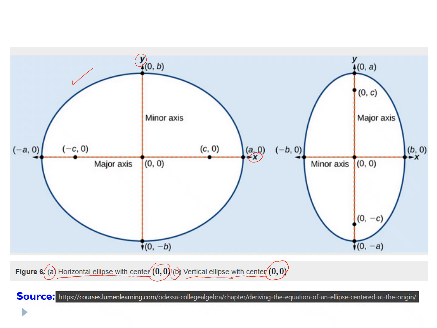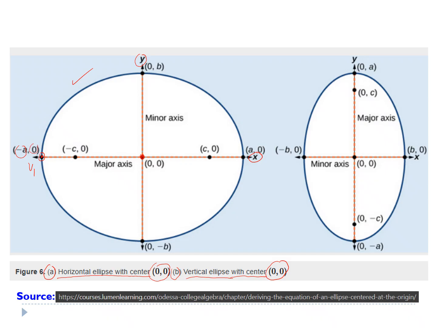Okay, so we have here the coordinates of the vertex V1. Since the distance of V1 from the origin is equal to a, and since this is on the left side of the origin, this should be negative a for the abscissa, and the ordinate, since this is on the x-axis, is equal to 0.